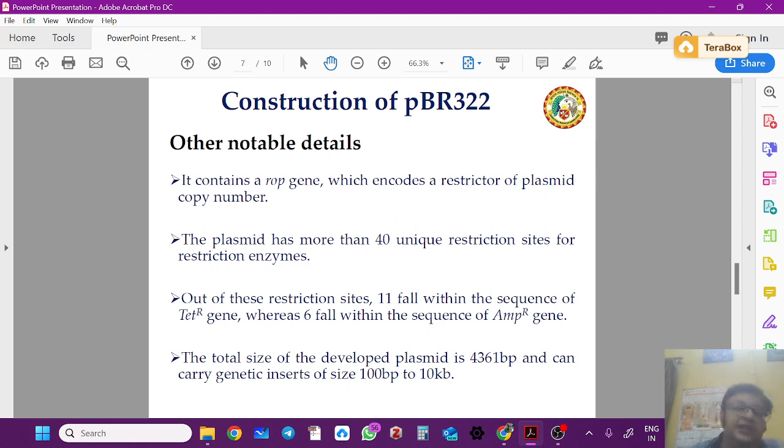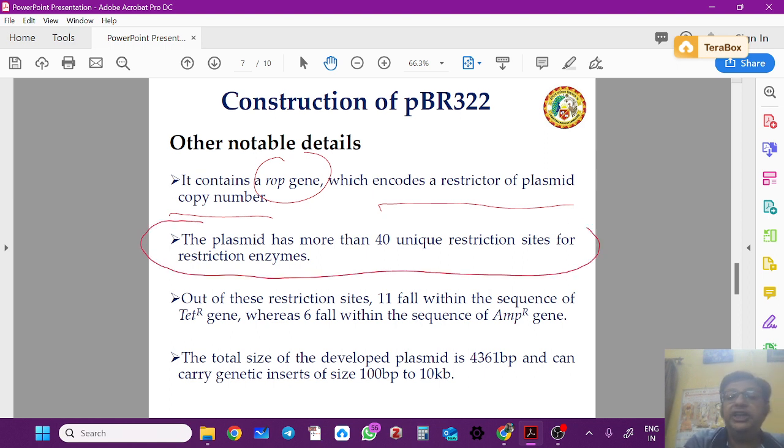It also contains a ROP gene, which encodes a restrictor of plasmid copy number. Copy number means the number of plasmids present in one bacterium. If it is too high, it becomes toxic for the cell, so they restrict it to a feasible amount. This plasmid also has more than 40 unique restriction sites.